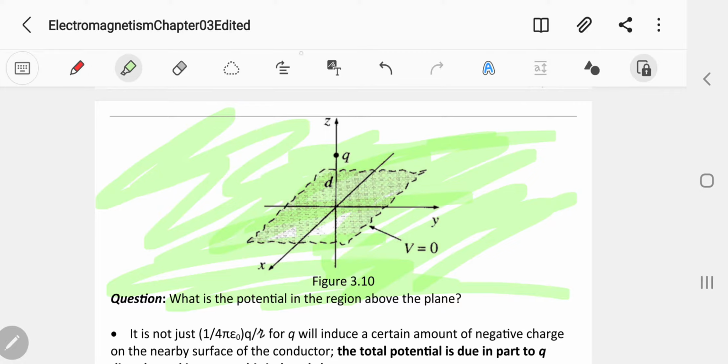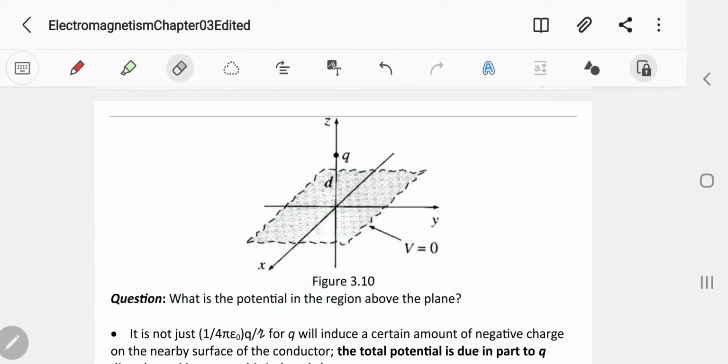The conducting plane is located at z equal to 0, or the xy plane.